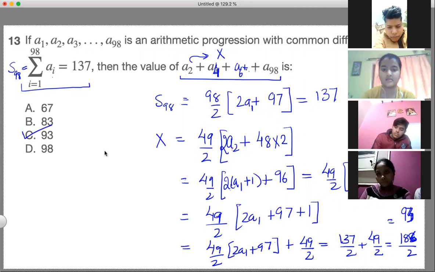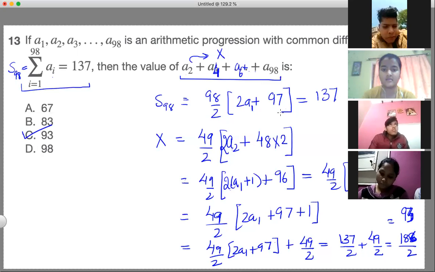Anybody who has doubt in this question? इसमें हमने थोड़ा सा मैनिपुलेशन यूज किया तो कैलकुलेशन कम हुई, राइट? वरना भी हम कर सकते हैं, थोड़ा कैलकुलेशन ज्यादा होगा, हम यहां से a1 की वैल्यू निकाल सकते हैं, राइट? यहां से a1 की वैल्यू निकाल सकते हैं और उस पूरी वैल्यू को यहां पे डाल के भी कर सकते हैं। आंसर तभी भी आएगा, थोड़ी सी कैलकुलेशन ज्यादा होगी। अंडरस्टूड?